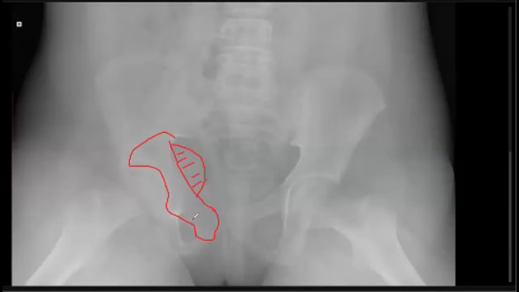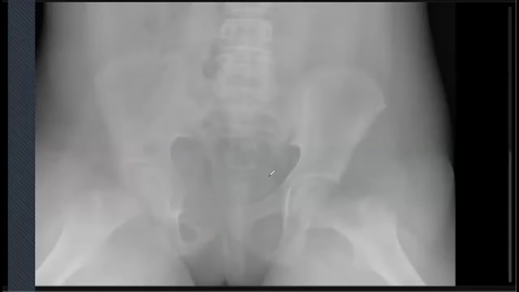Okay, here in the plain radiograph, you can see this expansile lytic lesion involving the right superior pubic ramus, acetabulum, and then extending to the iliac bone, and there is associated soft tissue seen here. First of all, to approach the pelvis, you have to go through rings.